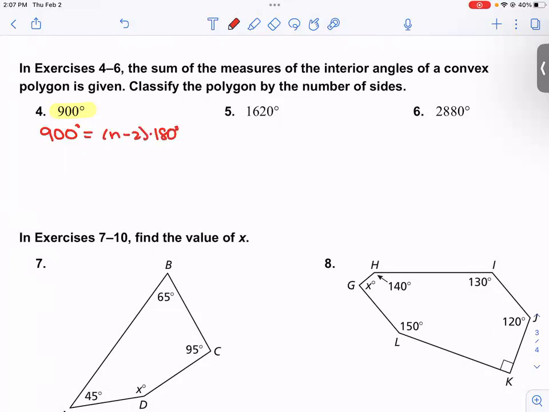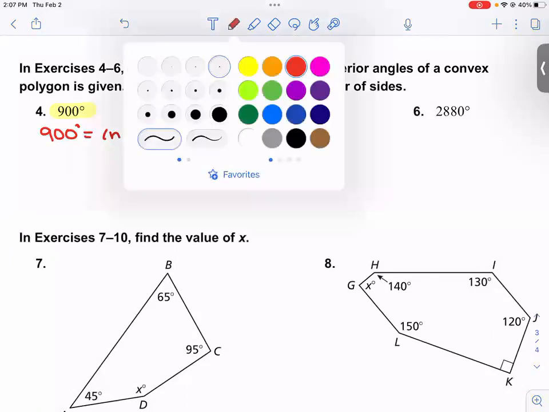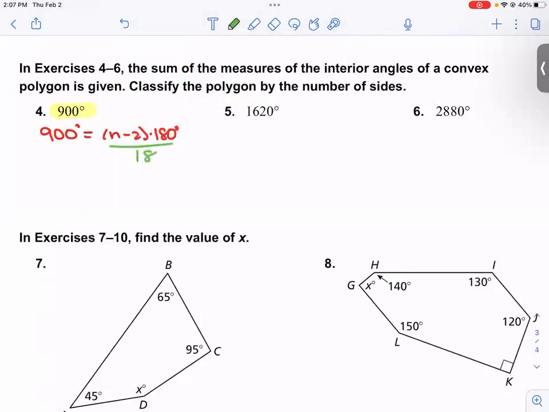So when Addie said let's divide by 180, that's a reasonable first step. So now we have 5 equals n minus 2. So we're going to add 2. And we have a heptagon. 7.